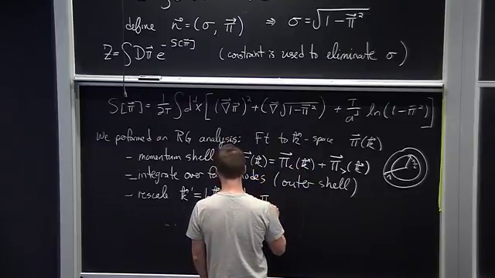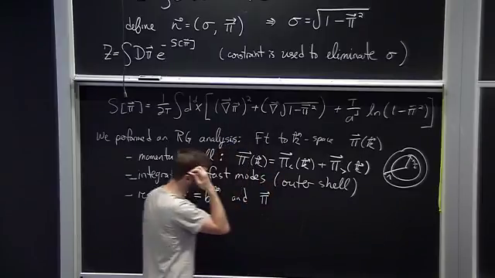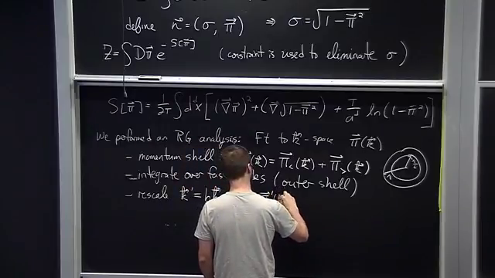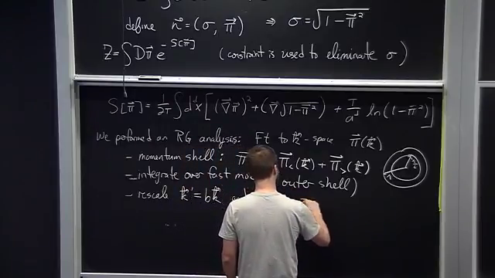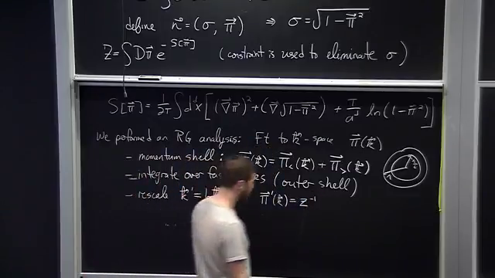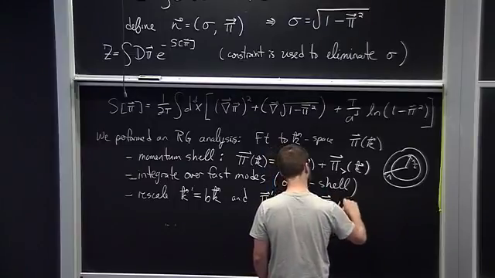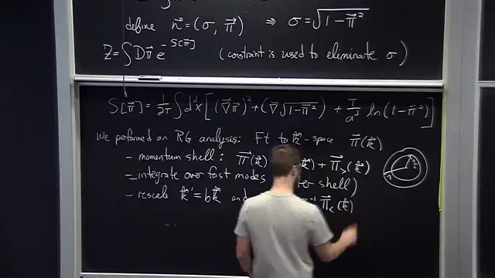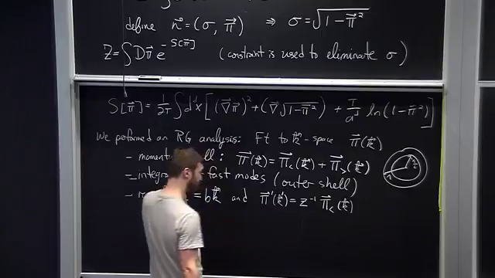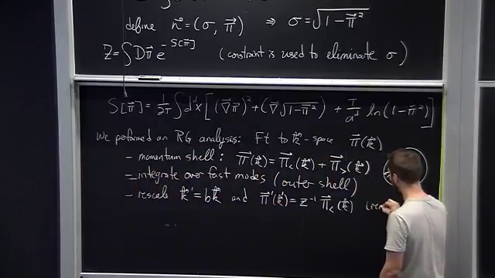So then the renormalization step is redefining the problem in terms of a new renormalized field in K space, defined as inverse Z pi slow modes K, and I think I need a prime here too. That's called rescaling and renormalizing.